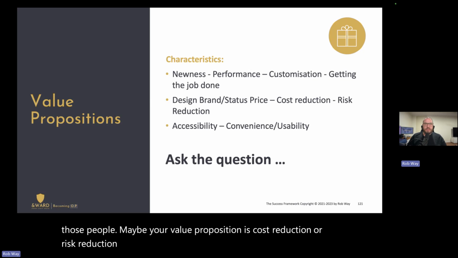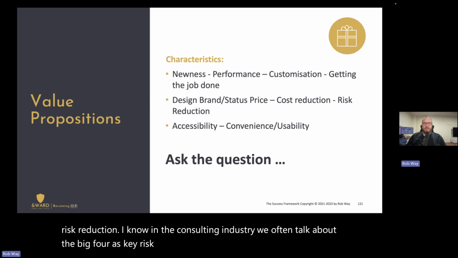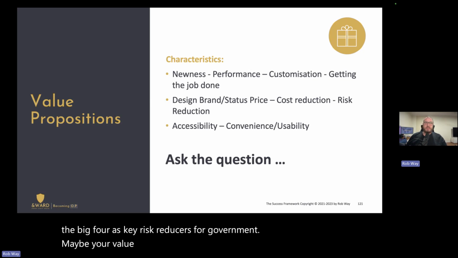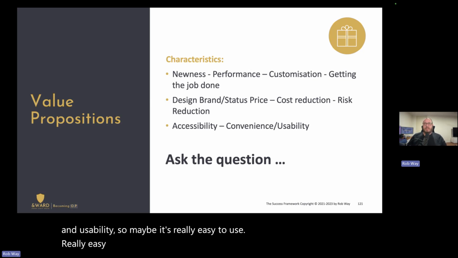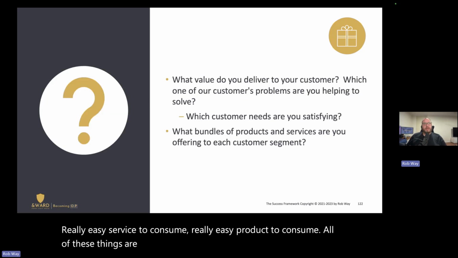I know in the consulting industry, we often talk about the big four as key risk reducers for government. Maybe your value proposition relates to accessibility, convenience, and usability. So maybe it's really easy to use, really easy service to consume, really easy product to consume. All of these things are what you want to consider.